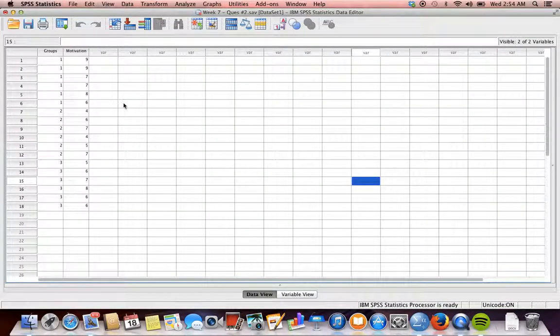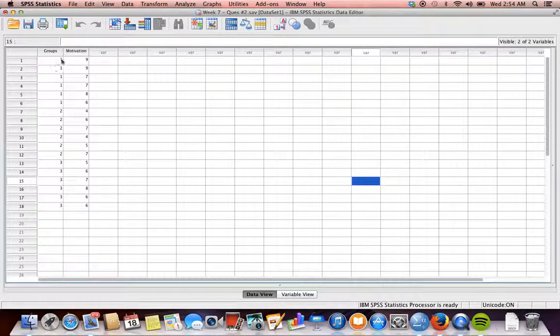Okay, so for question number 2, it's the same thing. You have 3 groups, and you have 6 participants in each group, and you are to determine whether there are significant differences among the groups. When I entered my data, it rounded up.